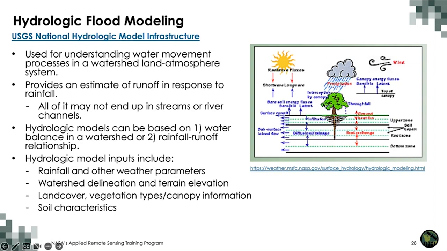And that depends on land cover, terrain, and soil moisture condition of the watershed. Inputs for hydrologic models are rainfall and other weather parameters, watershed delineation and terrain information, land cover, vegetation types and canopy information, and soil characteristics. So all these inputs help in resolving the water cycle within the watershed.